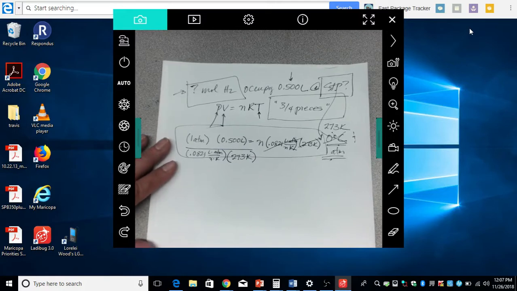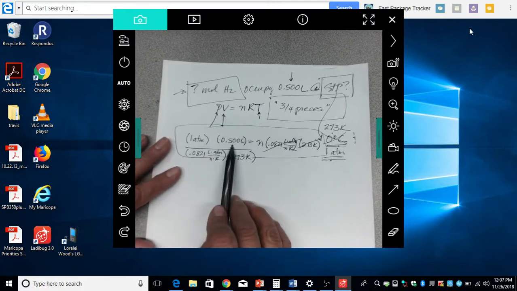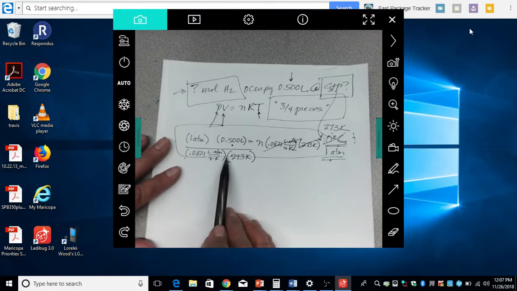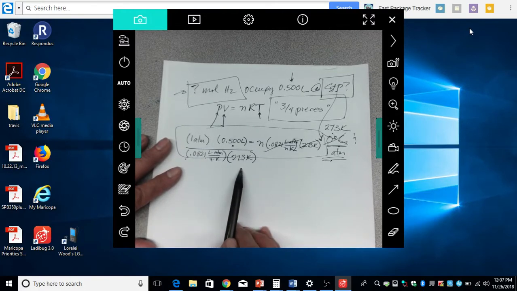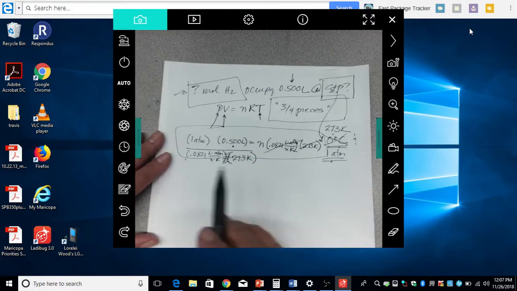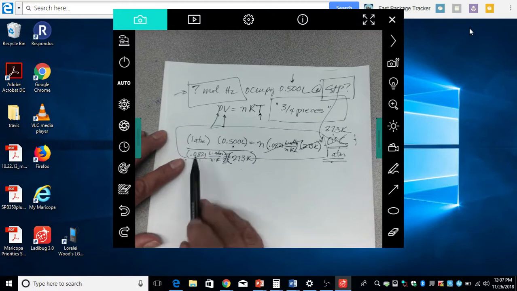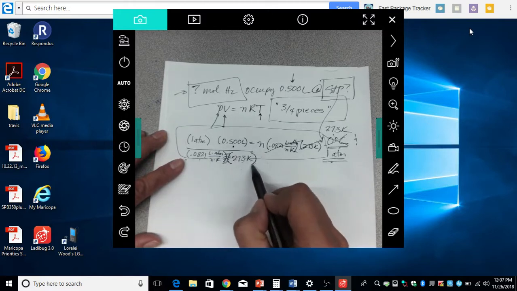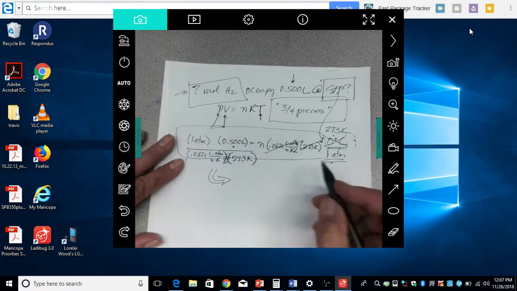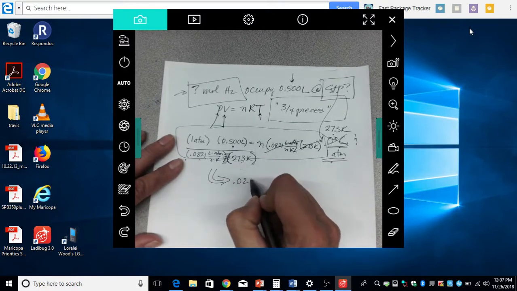Now somebody with a calculator, what's 0.5 divided by, open parentheses, 0.0821 times 273, close parentheses. You open it, you put that times that, and then you close the parentheses. And what does that give you? 0.0223.